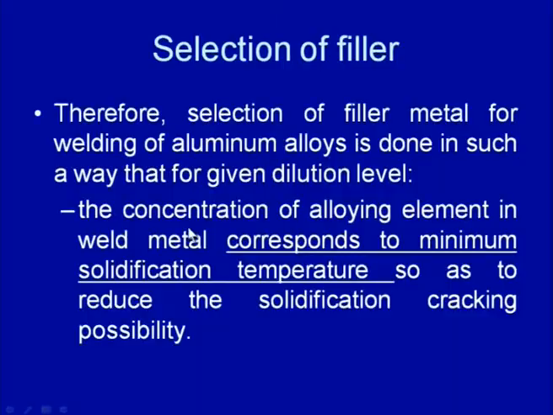So, filler material is selected in such a way that we are in the safer zone where cracking tendency is minimum. So, the concentration of the alloying element in the weld metal, so the filler metal is selected in such a way that we have the weld metal composition corresponding to the minimum solidification temperature range or corresponding to the minimum cracking tendency zone.